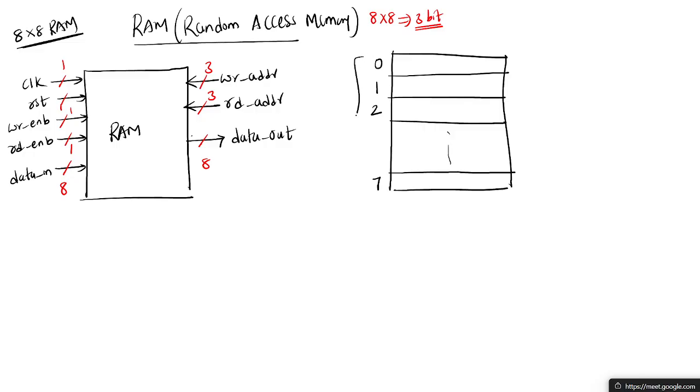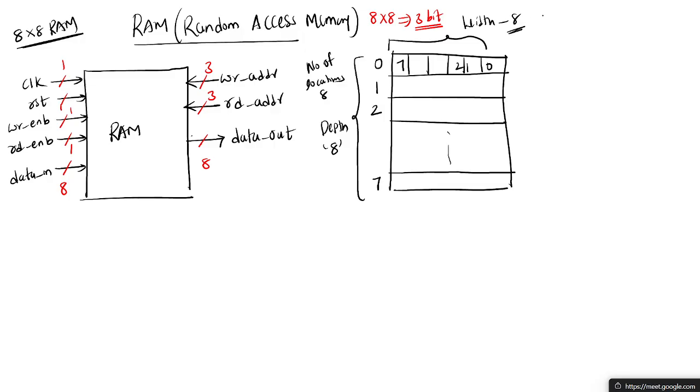This is nothing but the number of locations, which is 8, and we call this the depth. And each location we can accommodate how many bits of data? 8 bits of data, 0, 1, 2 up to 7. So this we call the width, and width equal to 8. So this is my RAM. Total depth of the RAM is 8 and width of the RAM is 8.